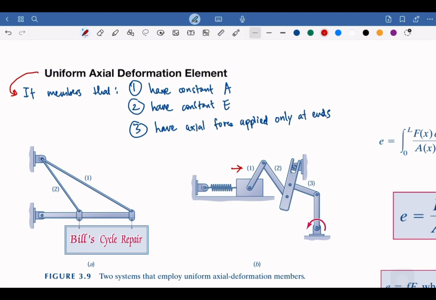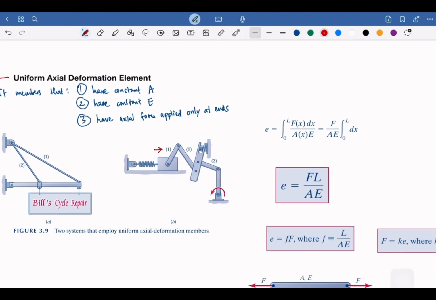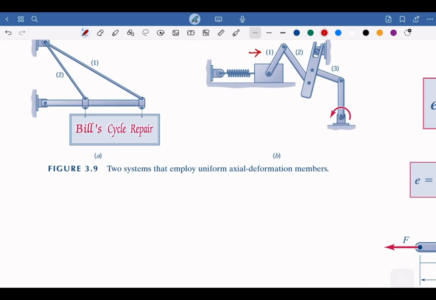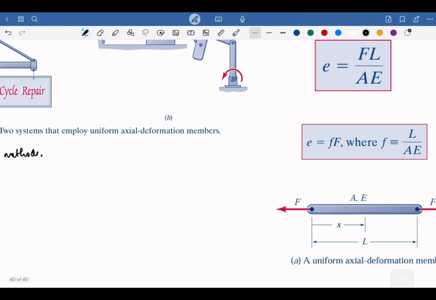Okay, and let's simplify it. Okay, let's simplify what this is about. So let's simplify the methods. So we are going to see the elements here.